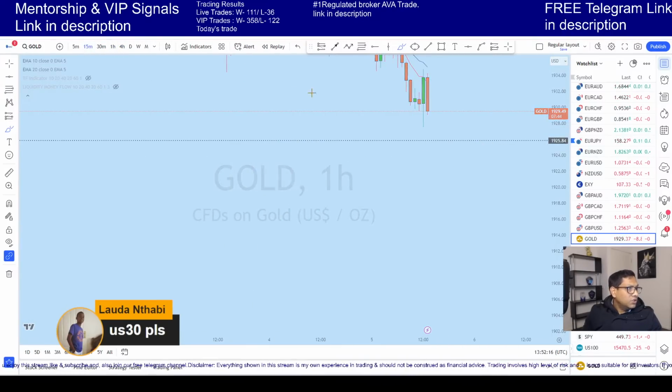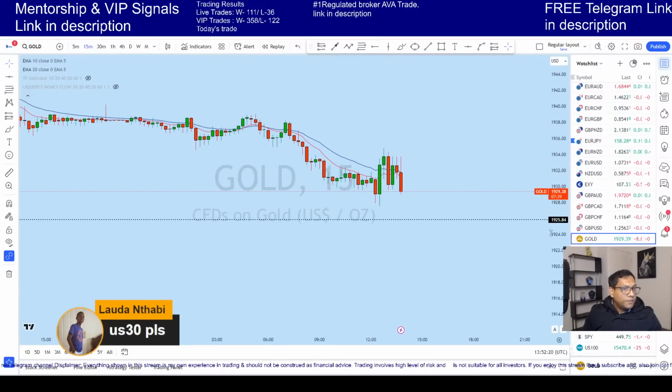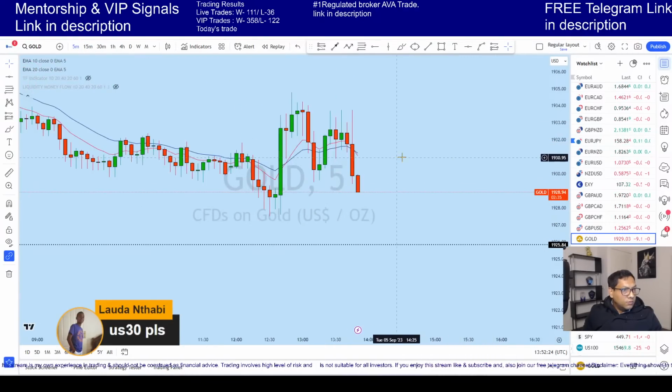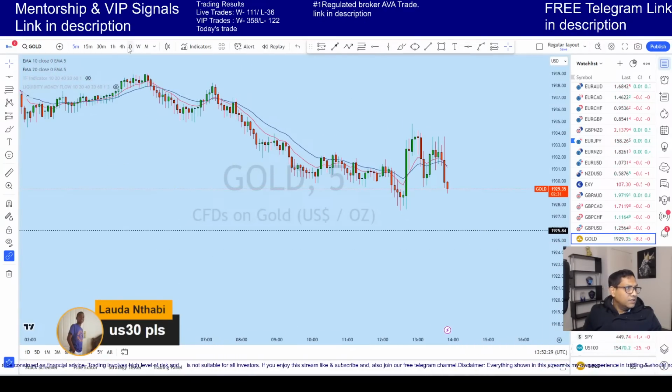From that level we see that there is a very strong, sharp rejection on gold, and we could see it keeps dropping to test the daily 20 MA.